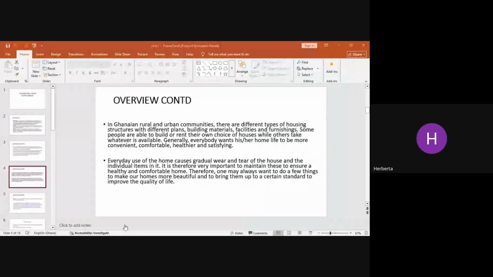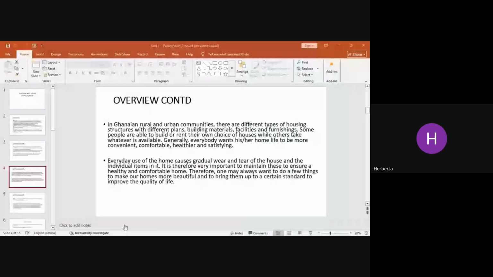So when you are living in a good housing community, you have the privilege of having good lighting system, good sanitation, good water supply. So it improves your health, and even the air in the environment is not polluted.